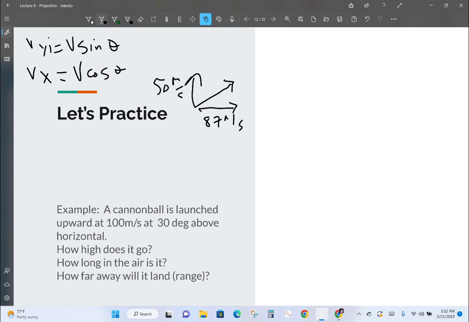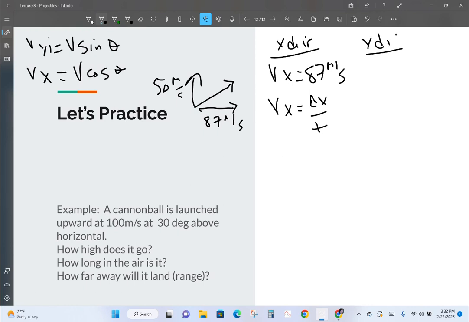If I want to find how high it goes, I'm going to use the y information. So let's look at what's going on in the x direction. Vx is 87 meters per second, and Vx equals delta x over t. In the y direction, for our first problem, Viy is positive 50 meters per second.